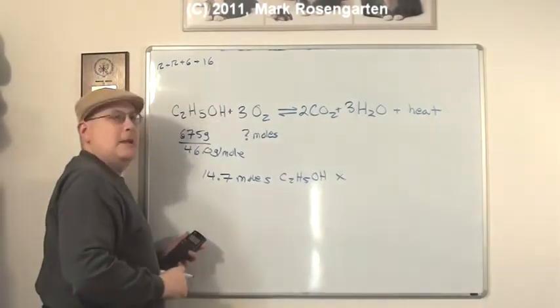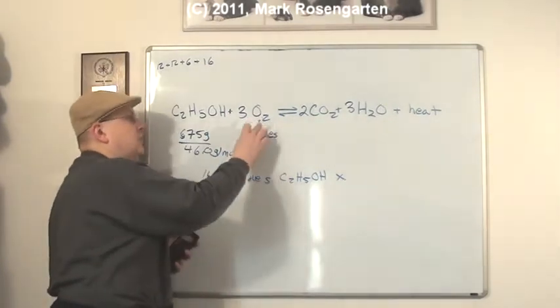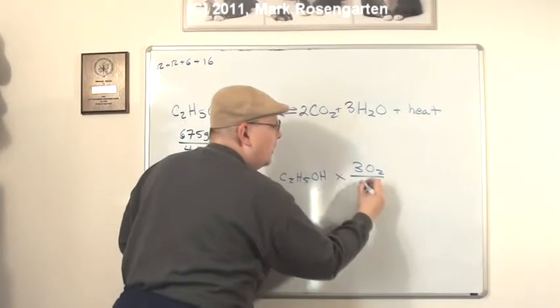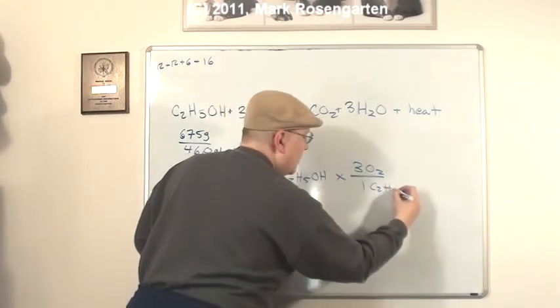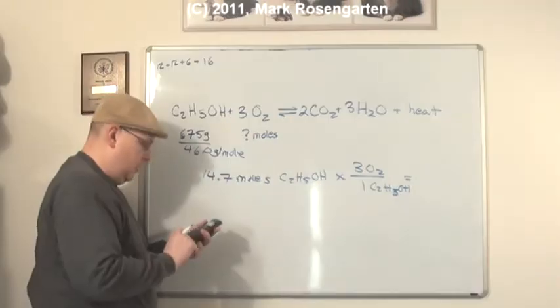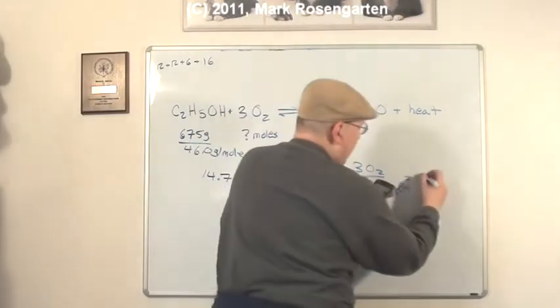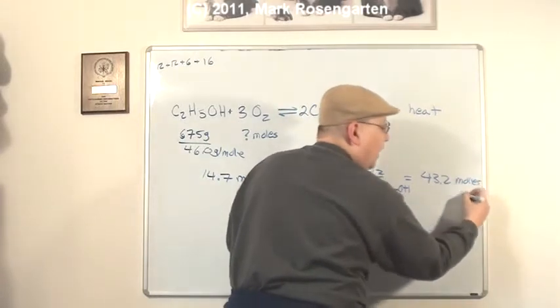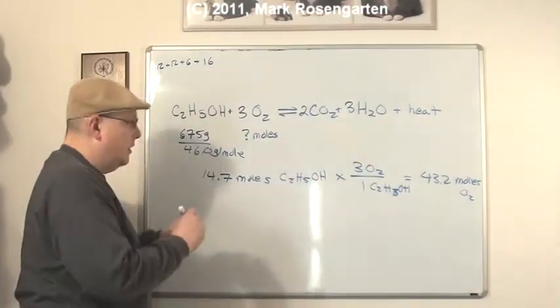Now we need to multiply it by the ratio of oxygen to ethanol. There are 3 oxygens for every 1 ethanol. And that means we're going to have 43.2 moles of oxygen when we're done.